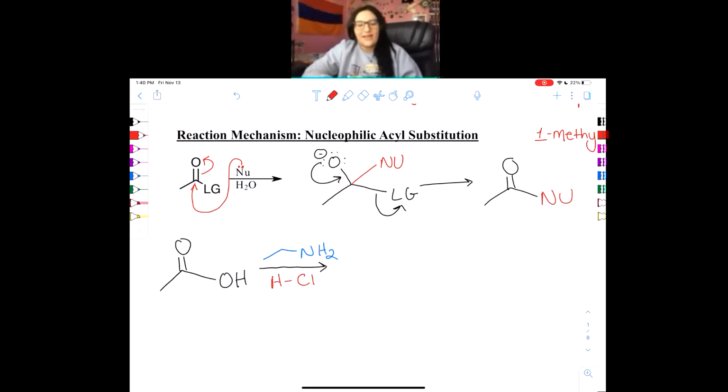So when we have an acid catalyzed reaction, the first step is always going to be what? Protonation, exactly. And so what is the point of that? We are going to make the electrophile more electrophilic.